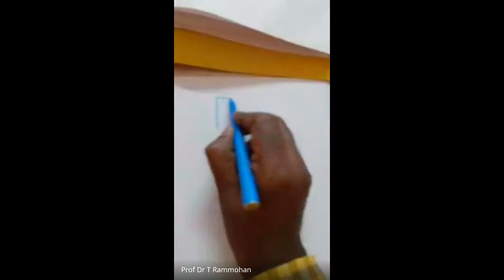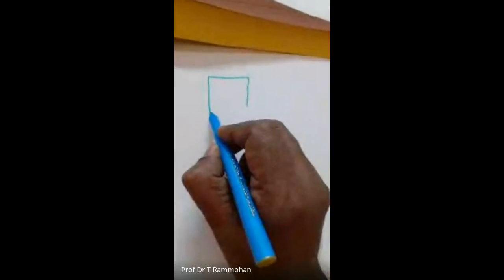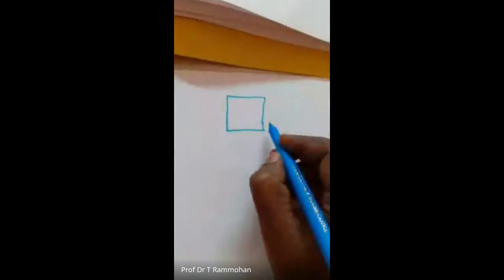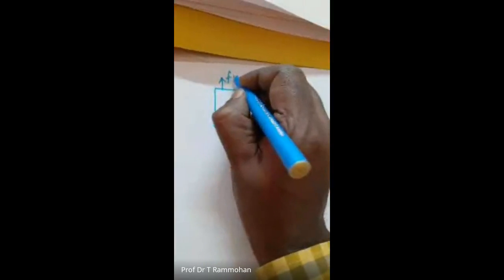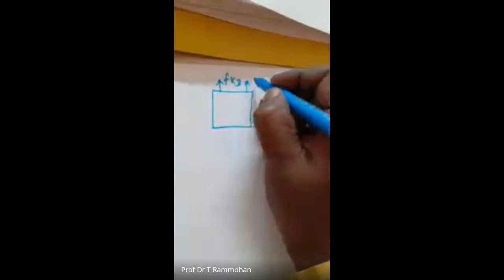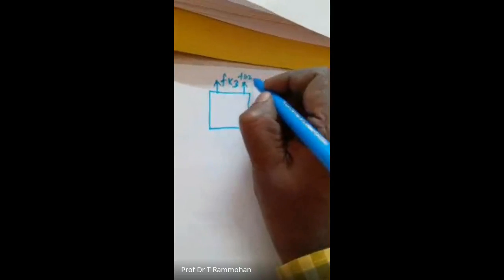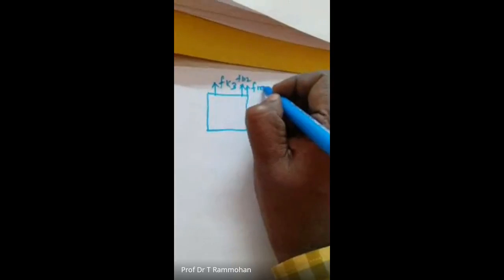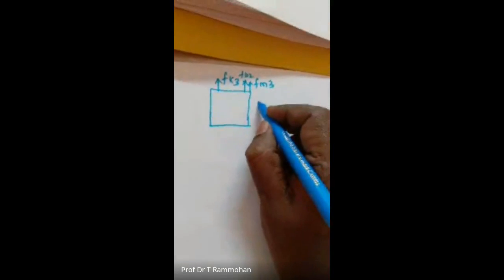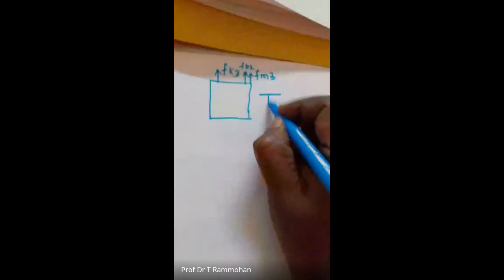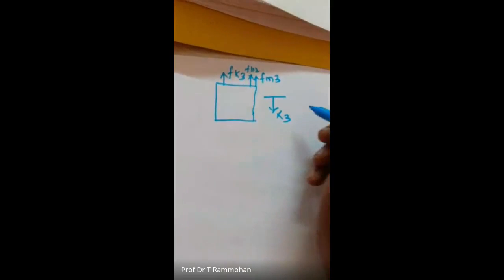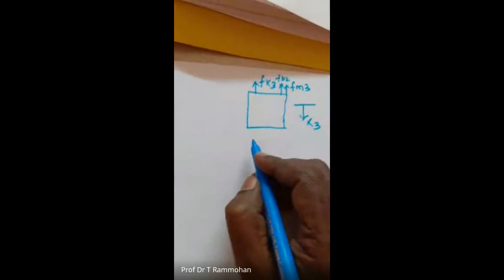Please look at my diagram. FK3, FB2, FM3. And the displacement is X3.